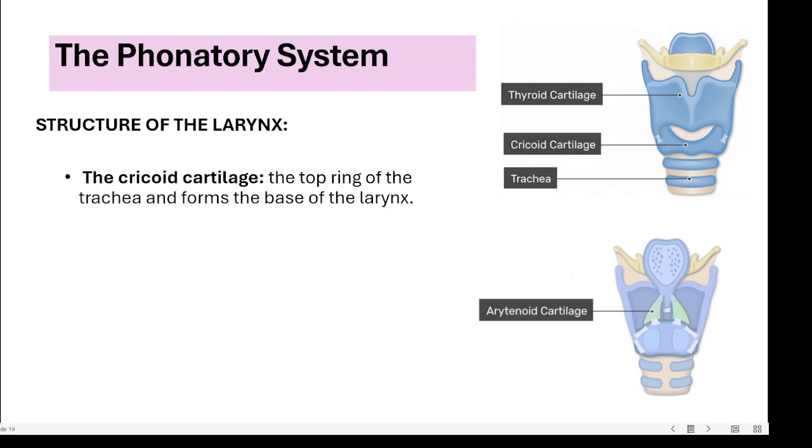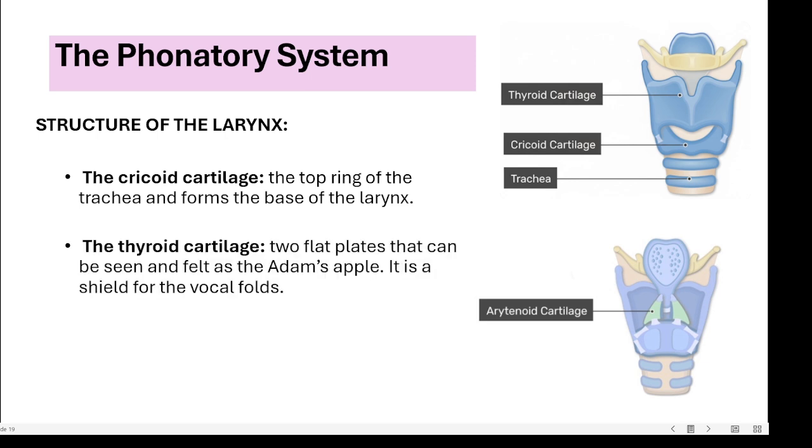The cricoid cartilage, which functions as the top ring of the trachea and forms the base of the larynx. The thyroid cartilage, which is like two flat plates that can be seen and felt as the Adam's apple, and it is a shield for the vocal folds.